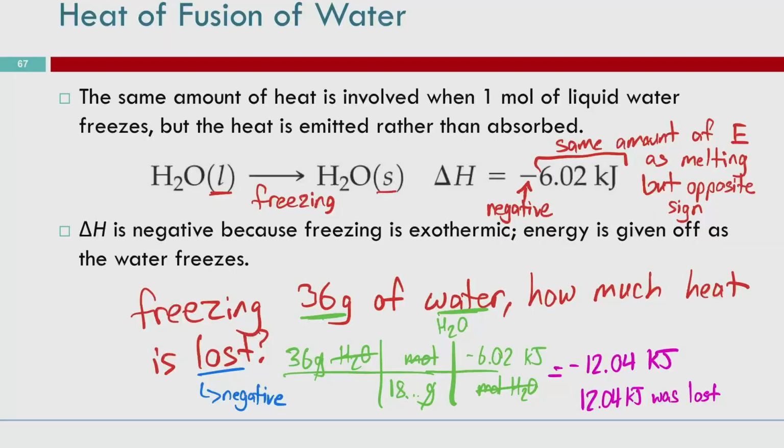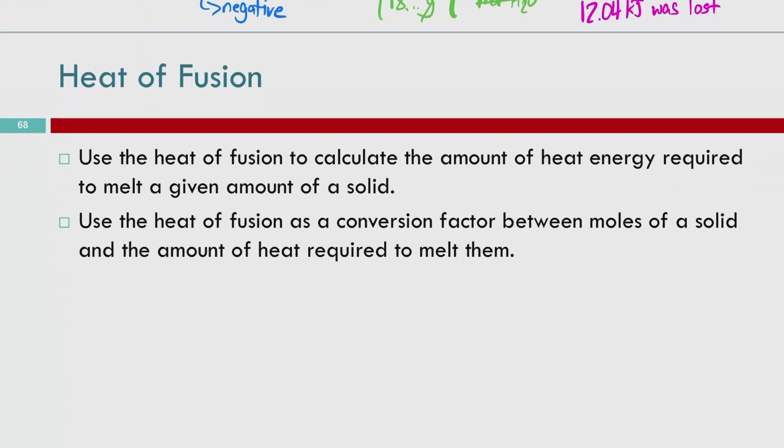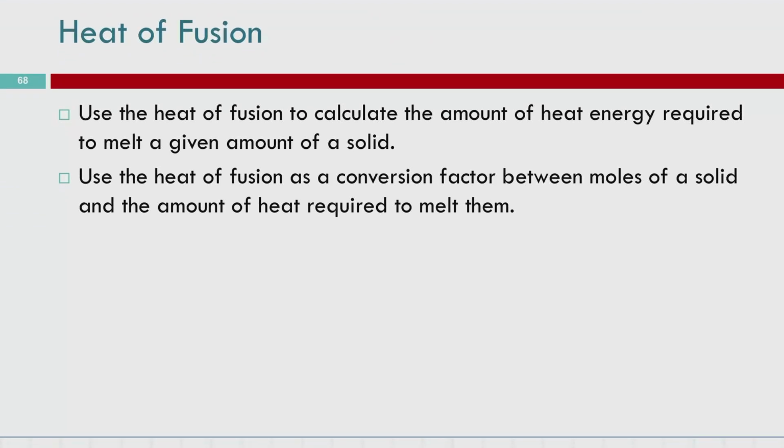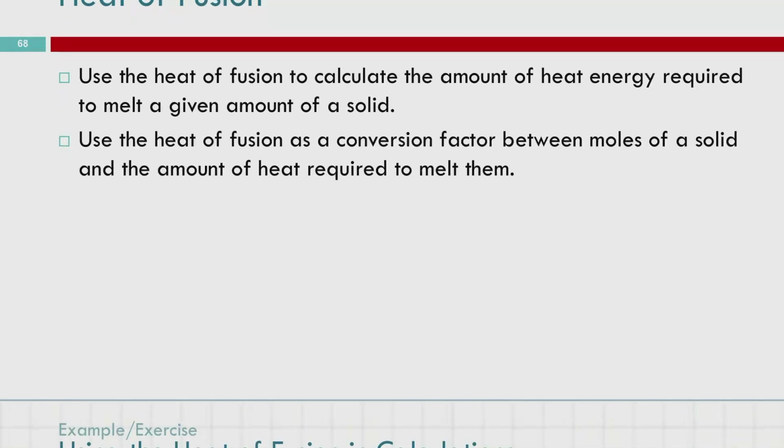Questions? All right, so 6.02 kilojoules for heat of fusion. This is basically just what we did in that little practice problem. So we can use the heat of fusion to calculate the amount of heat required to melt a given amount of solid or freeze.